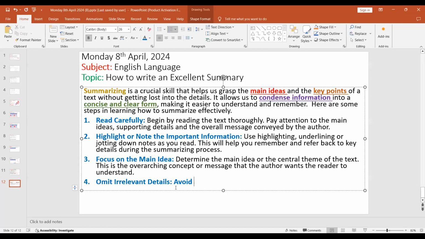So when we say irrelevant details, it means these details are not the most pertinent things that make the story, right?